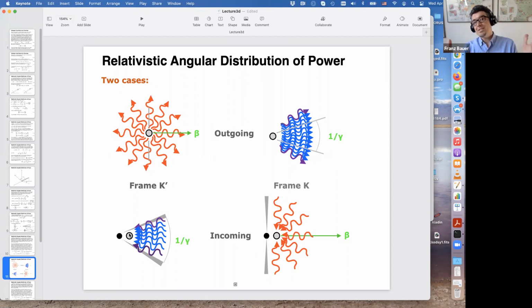And of course, this has interesting effects, right? Because now, rather than averaging over some symmetry, you have all of the radiation coming in one direction, and all the radiation appears blue. And so it's higher energy, and other processes can come into play. This will give you a different version of Compton scattering.